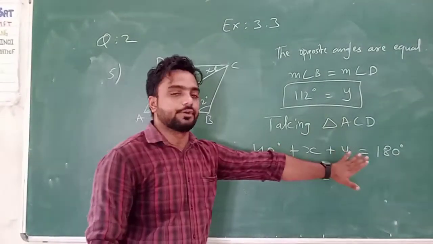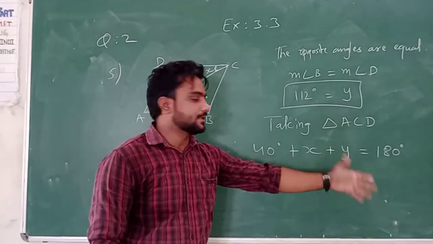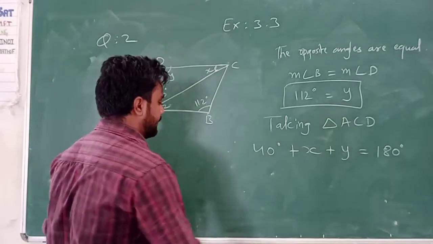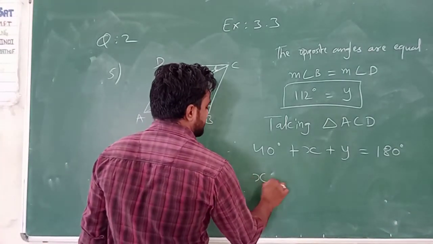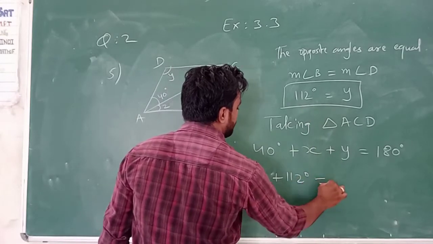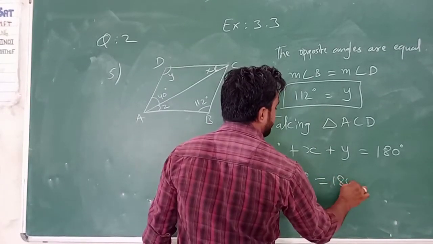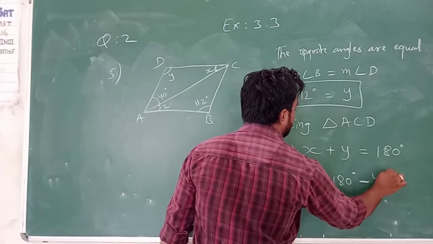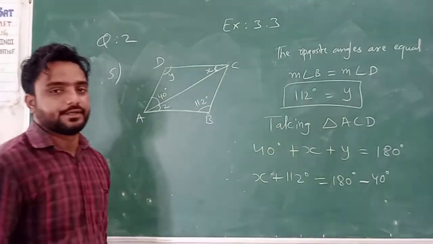Changing the side of 40 from LHS to RHS and putting the value of y, therefore x plus the value of y, 112 degree, is equal to 180 degree minus 40. Understand or not?